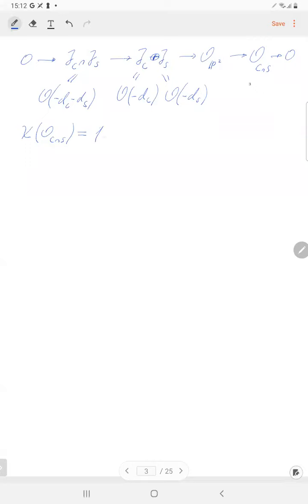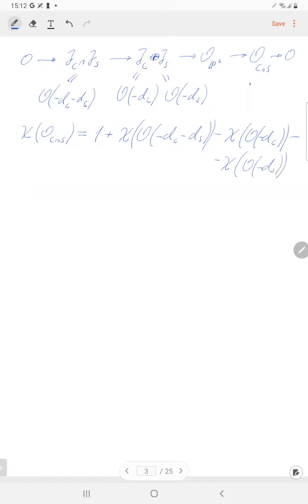So it's 1 plus the Euler characteristic of O minus DC minus DS minus the Euler characteristic of O of minus DC minus the Euler characteristic of O of minus DS.